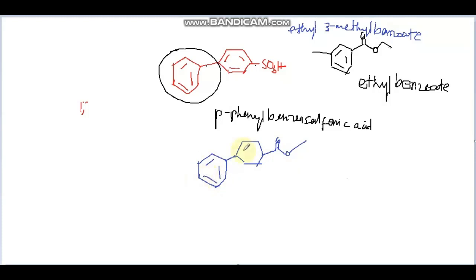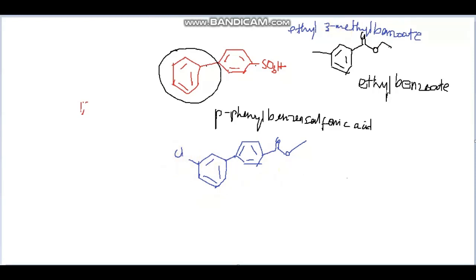Now on this one as a substituent, there is, let's say, a chlorine here. How is this one going to be named? Try this, pause the video and try to answer at the comment section. So this is an ester having a methyl group, a benzoate, a phenyl, and a chlorine. How are you going to name this?